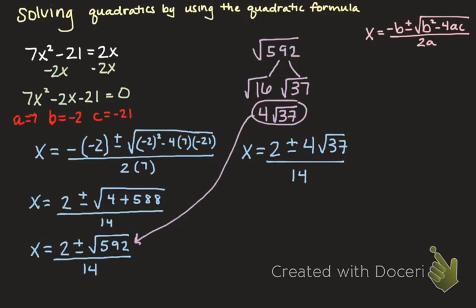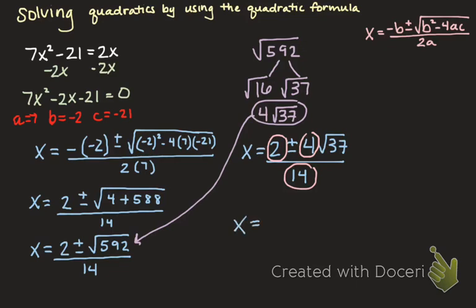So now we need to see if we can simplify our fraction any further. And we're mainly focusing on these 3 values, since we can't simplify that square root any further. So we want to look, is there a number that goes into 2, 4, and 14? And 2 goes into all of those numbers, so we can divide the 3 numbers by 2 to simplify that fraction.